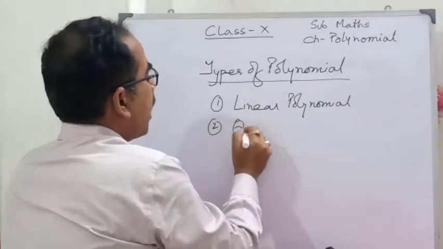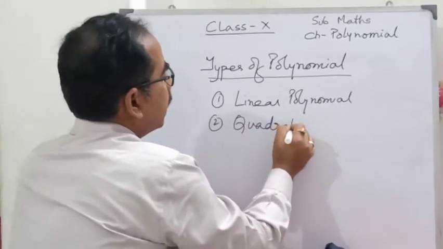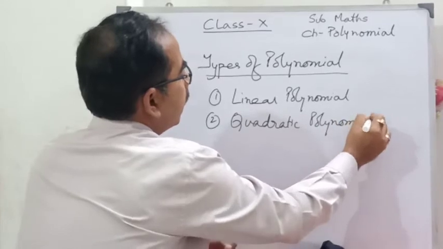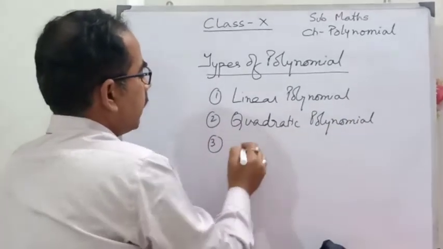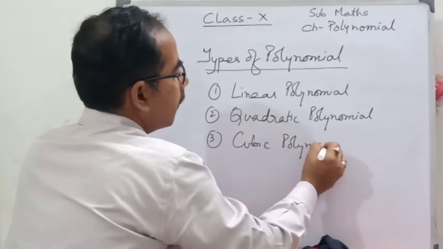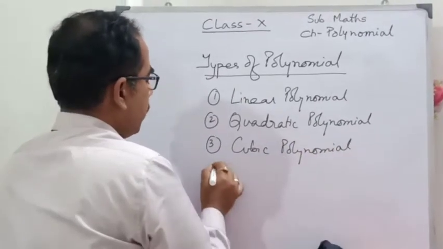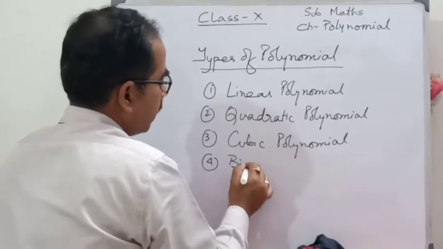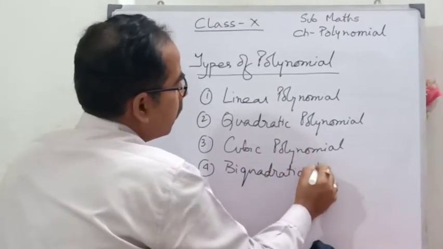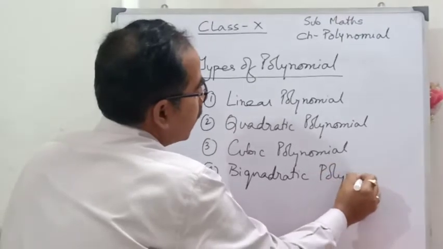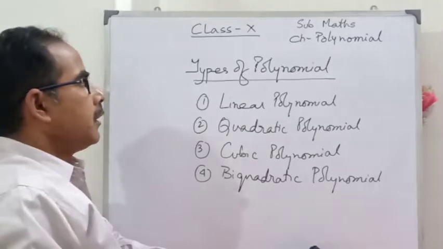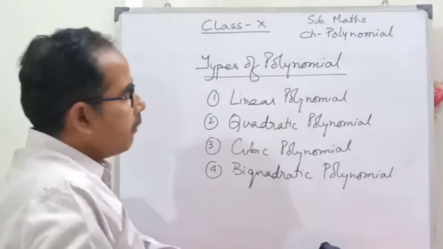Number two, quadratic polynomial. Next is cubic polynomial. And number four, biquadratic polynomial. So from the naming of these different types of polynomial, from the name itself, it is clear.